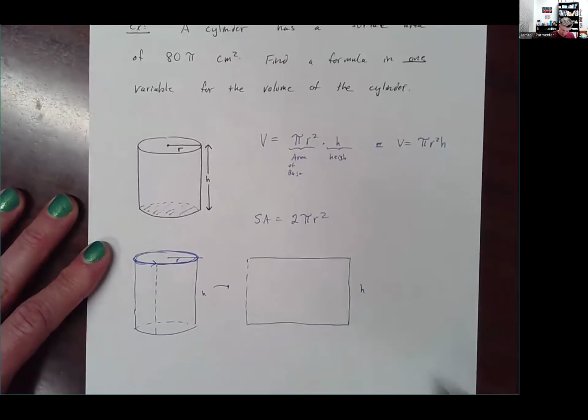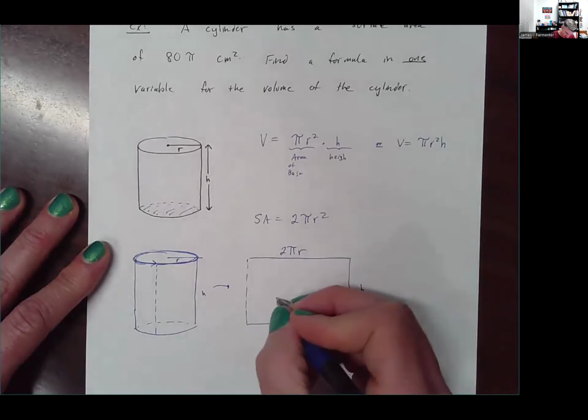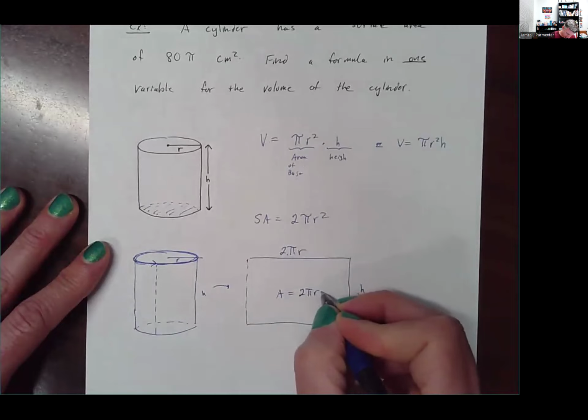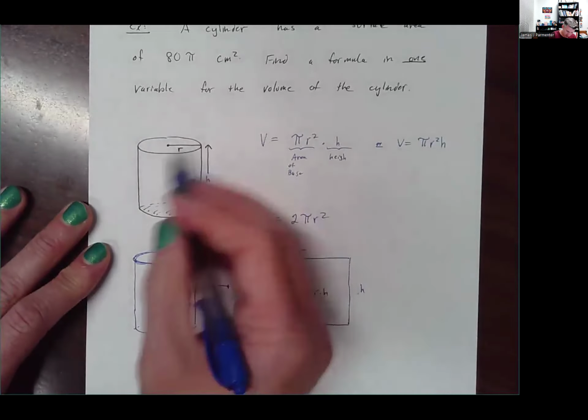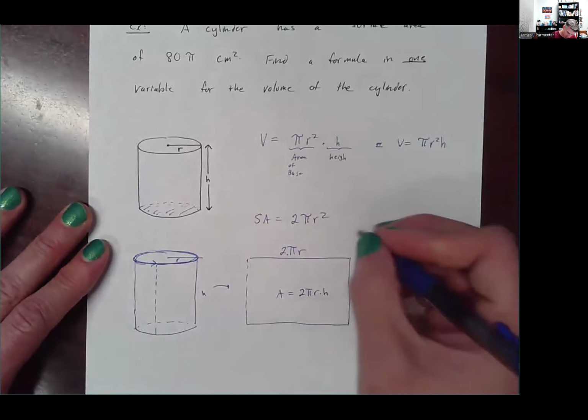So this length here would be the circumference of the circle of radius r, which is 2 pi r. So the area here is 2 pi r times h, the length times the width of this rectangle. So the surface area of the cylinder is the area of the top circle, the area of the bottom circle, plus the area of the around part.